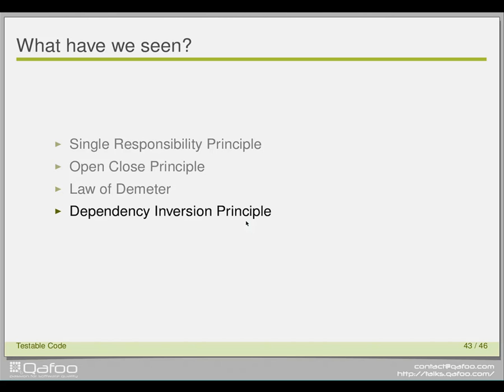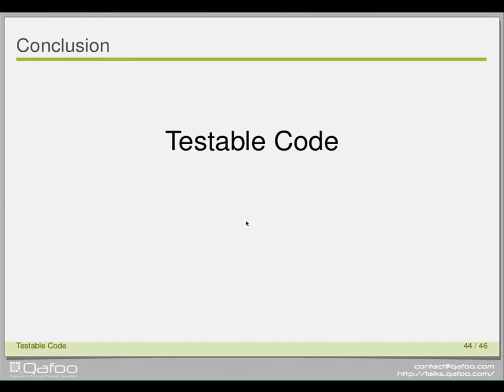And after that, we saw the dependency inversion principle, which states that your code should not depend on system details, but depend on abstractions. So what we've seen in our webinar today is essentially that testable code and good object-oriented design are really closely related, and that both help you to write better code.